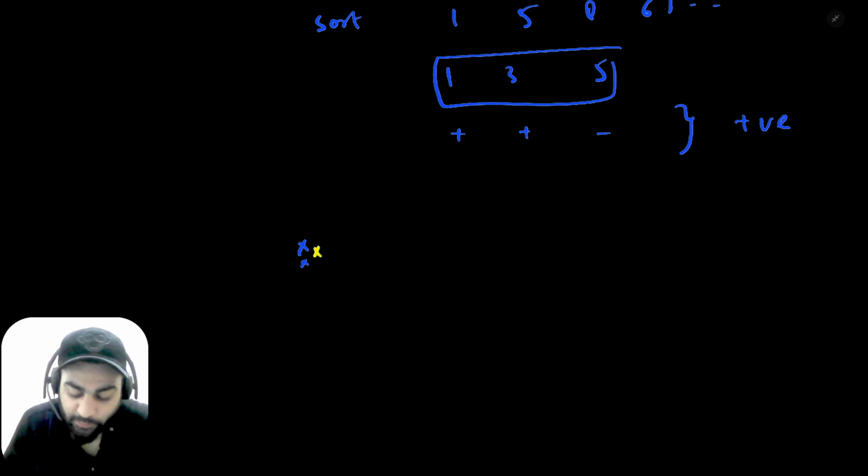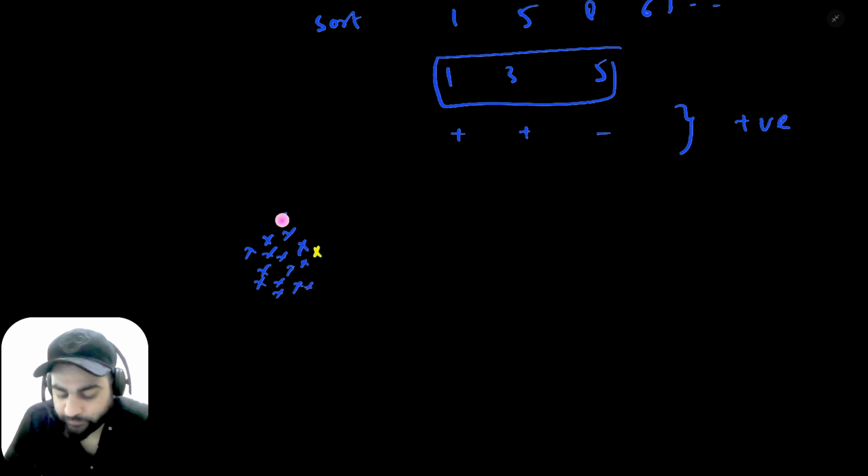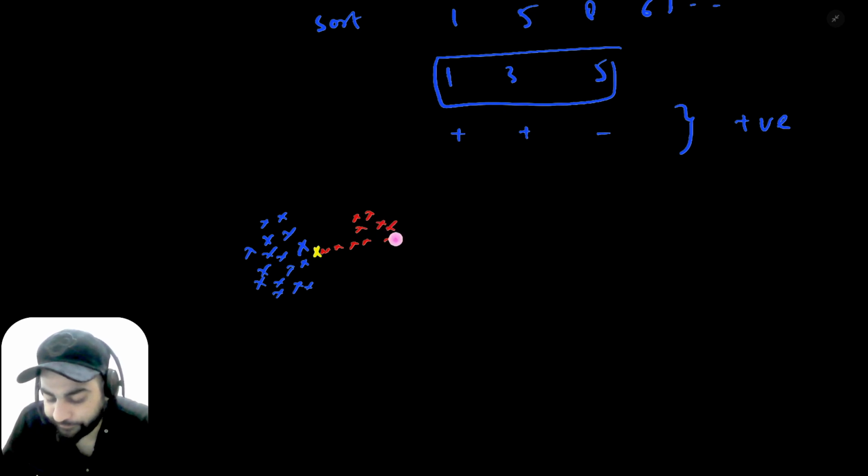Suppose this is the cluster we have, and this is our query point. Then suppose we have a point over here, a point over here, and a cluster something like this. I made an extreme example so that it makes sense to you.